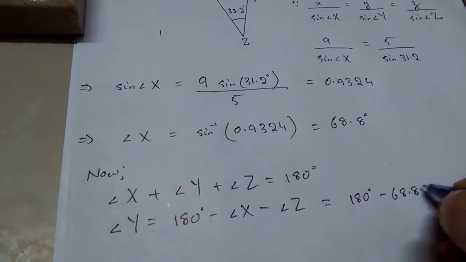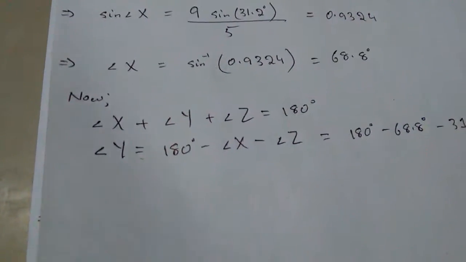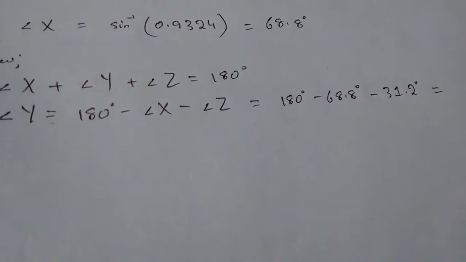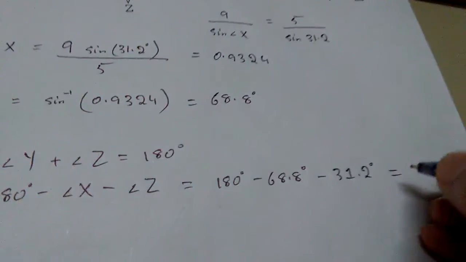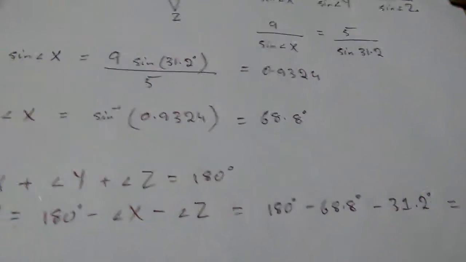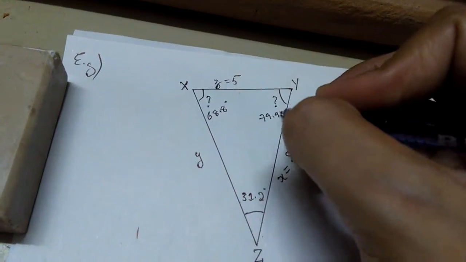So 180 minus angle X, which is 68.8 degrees, and my angle Z was 31.2 degrees. Subtracting these two values from 180, we get 79.9 degrees. So this angle is 79.9 degrees.